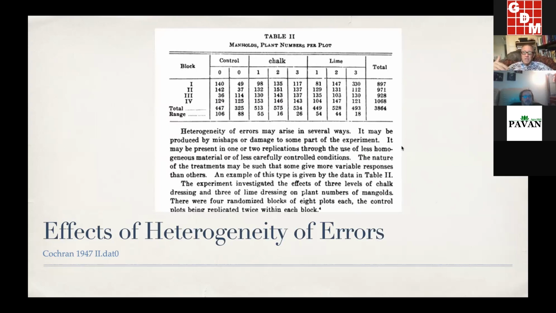However, if the standard deviation varies a lot from treatment to treatment, and that's what we mean by heterogeneity, then the treatment variances, the treatment standard deviations, are not comparable or not combinable. Then we end up with problems with the validity of our estimate of our errors and of our variances.